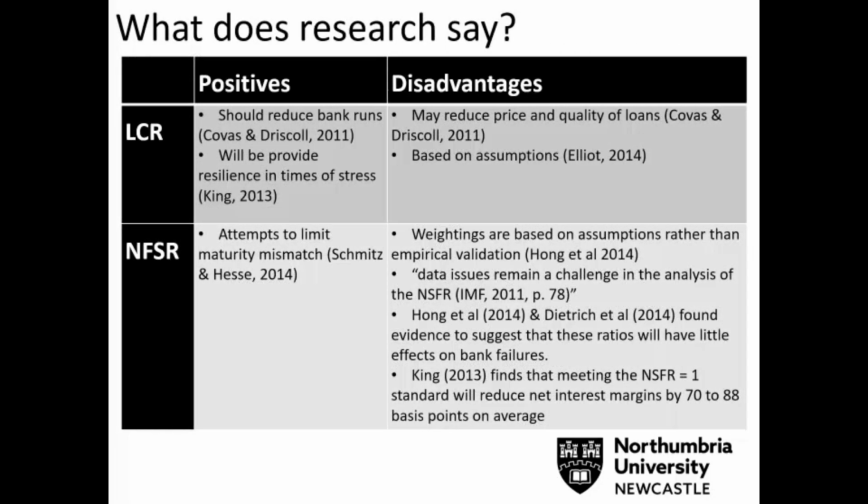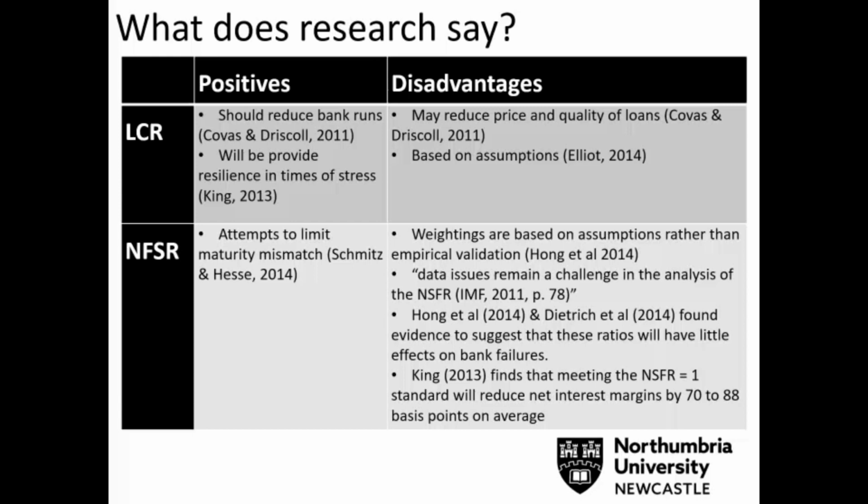Following the introduction of both of the ratios, you can see from a research point of view the various advantages and disadvantages. Now, all these papers are included on your Blackboard site within the liquidity theme academic journals folder.